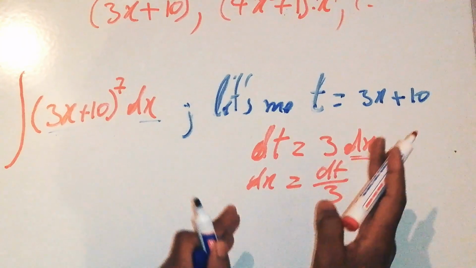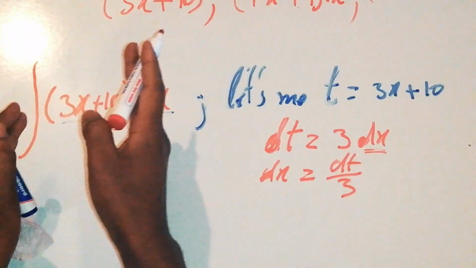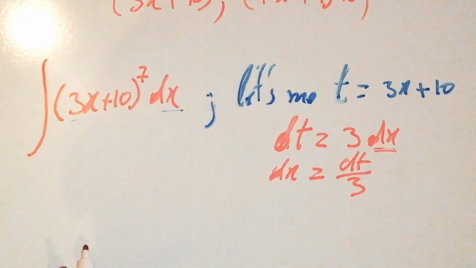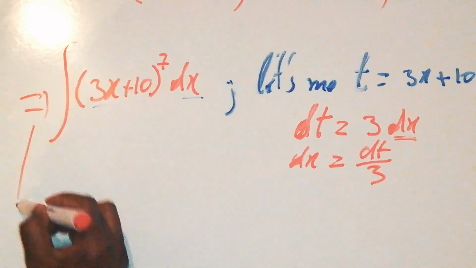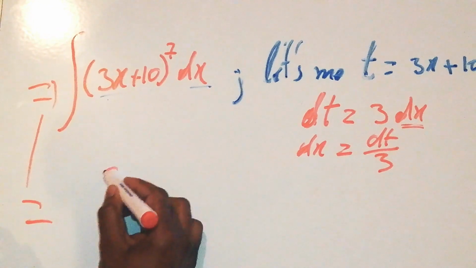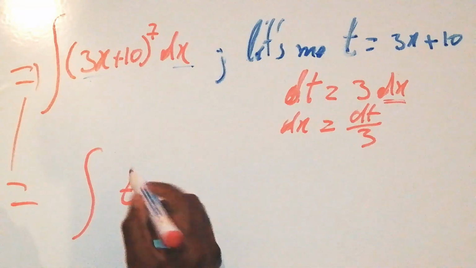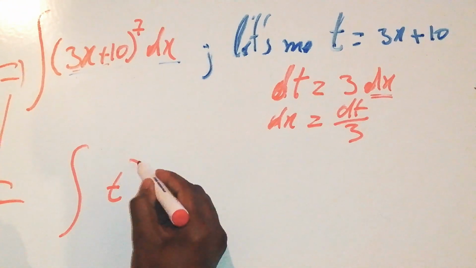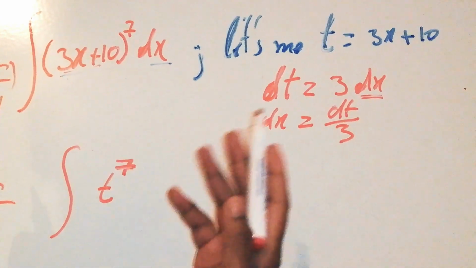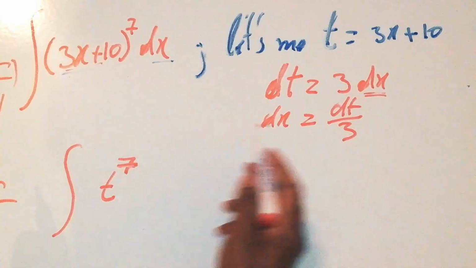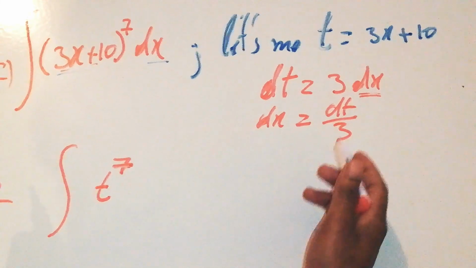Then I take this and substitute it in my main equation. This integral will be equal to t exponent 7, and dx is equal to dt over 3.